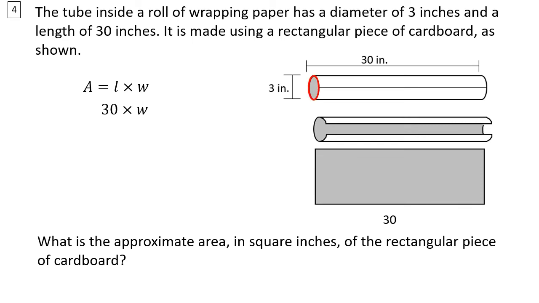The width really, if you track it back, is going to be the same as the circumference of this circle. Well, when we unroll the piece of cardboard, we unroll that circle as well.